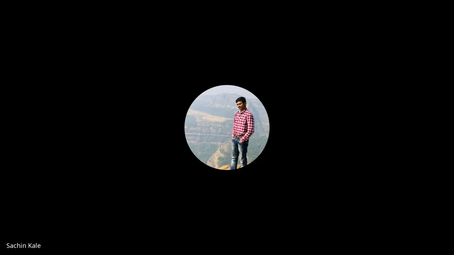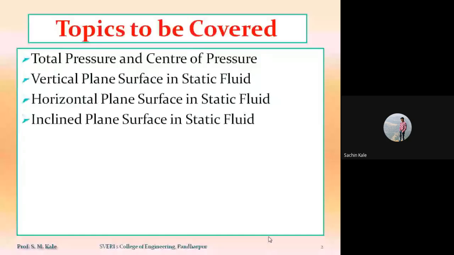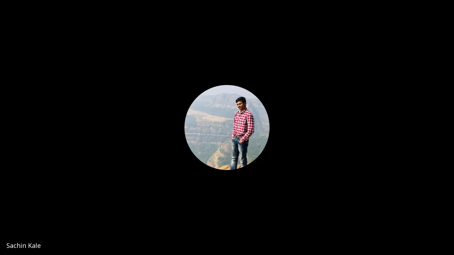Then we have seen the derivation for vertical plane surface, horizontal plane surface, and inclined plane surface in a static fluid. That means we have seen how to calculate total pressure force as well as center of pressure for various plane surfaces such as vertical, horizontal, and inclined.